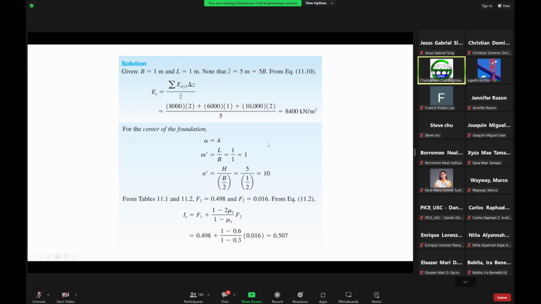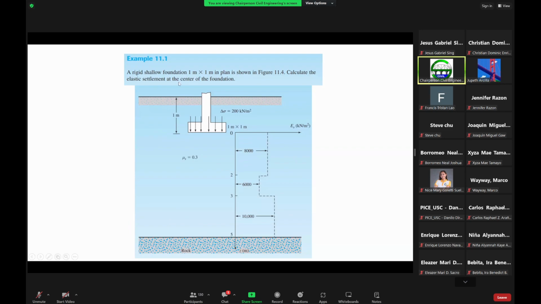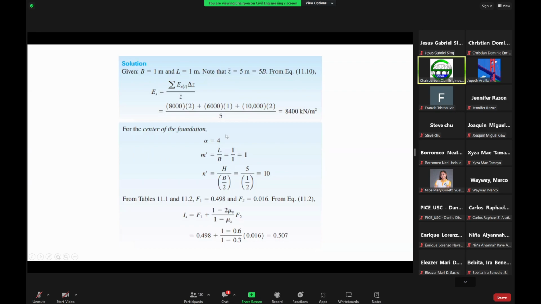We are asked to calculate the settlement at the center of the foundation. At the center of the foundation, if you recall, alpha is equal to 4, m prime is L over B, which is 1 over 1, which is 1. And n prime is equal to h over b over 2, where h is 5 meters.